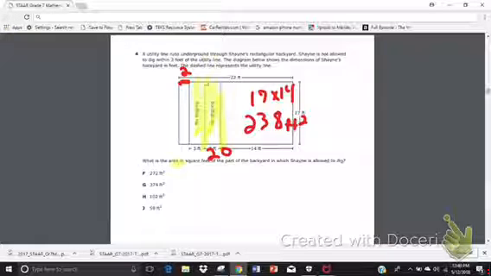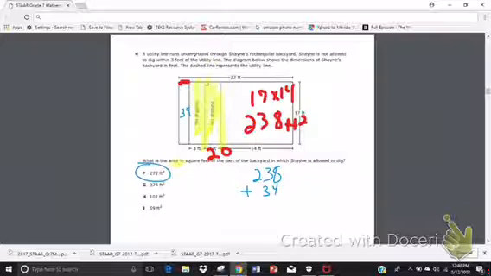And we already know our length, which is over here. So if that's 17, that's also 17. So 2 times 17 gives us 34. So 238 plus 34 gives us 272 feet squared. Correct answer, ladies and gentlemen, is letter F.